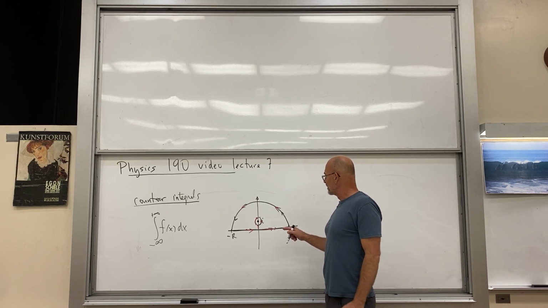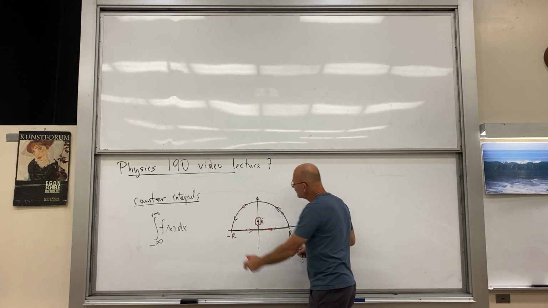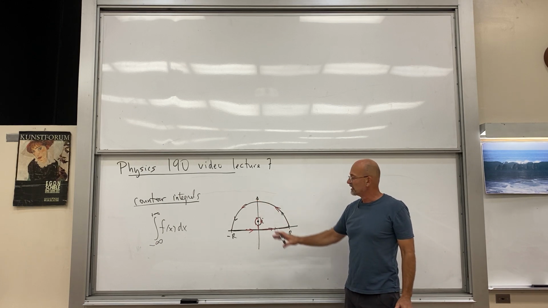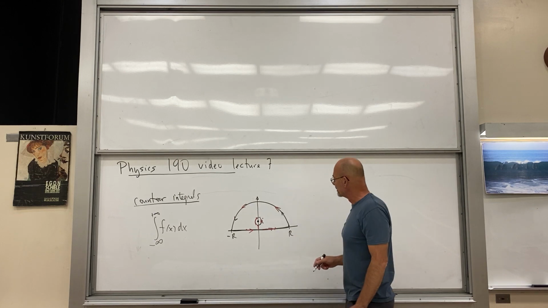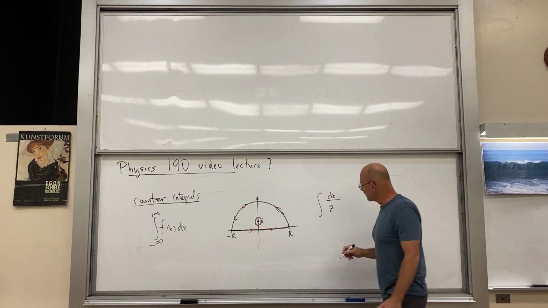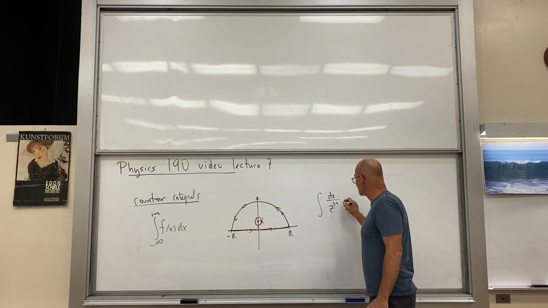Right now, in order to have this semicircular contour integral vanish, we needed to have a sufficiently strong power in the denominator. So we needed dz over z to the, we had z squared, we definitely have to have z to the 1 plus something.